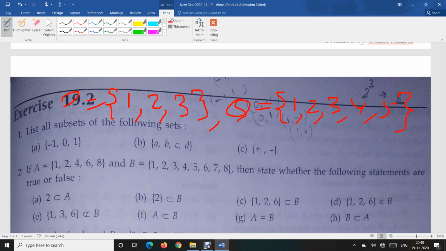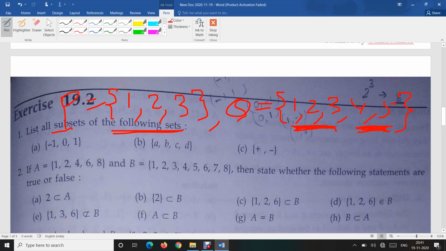Every element of set P is present in set Q. Apart from 1, 2, 3, which are the elements of set P, there are two more elements, that is 4 and 5.